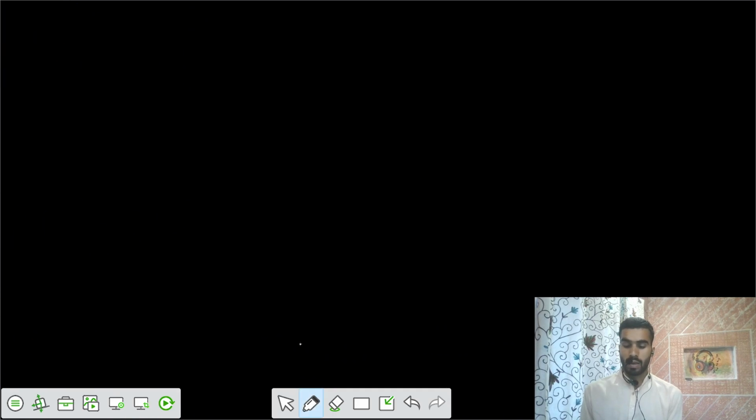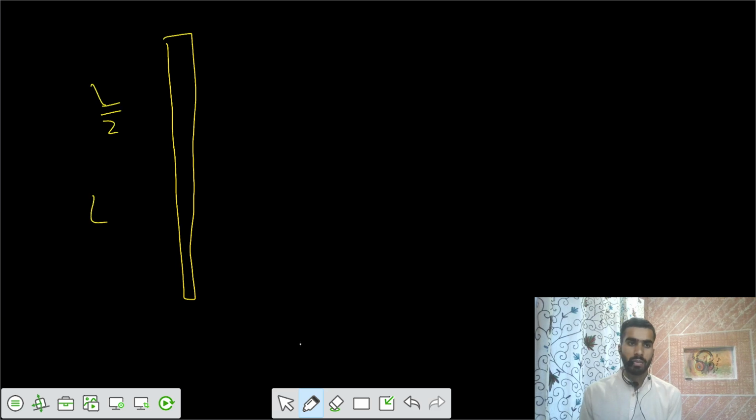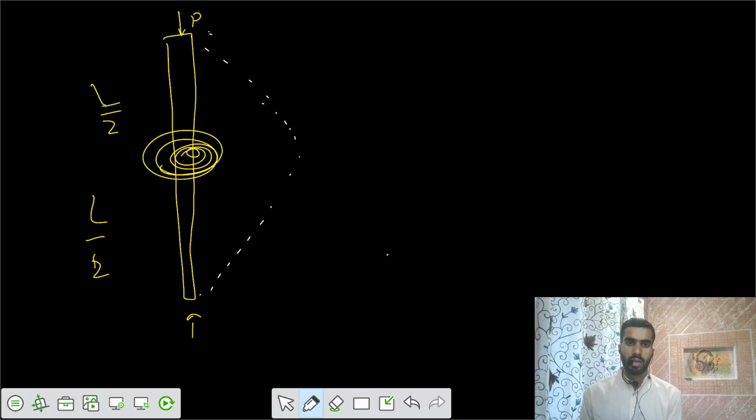Now, take a similar case, with L by 2 and L by 2. Now we have the torsional stiffness spring at the mid of this column. You apply a load of P, so theta would be developed, and it would deflect in this fashion.